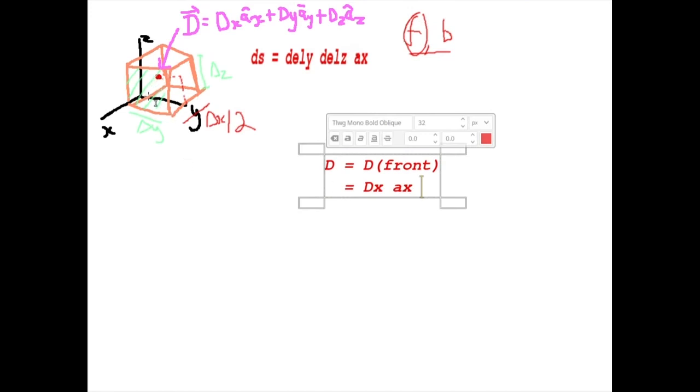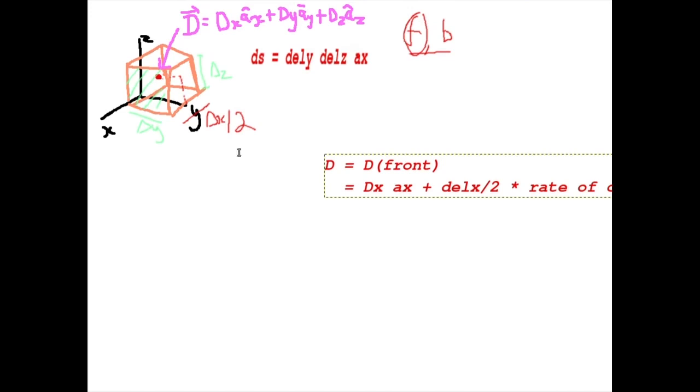Yes, my charge point is here, so the charge is available, but I am calculating the flux density, and the flux density is also changing with respect to the x-axis. The location is at the positive side, so I'll write it as delta x by 2 into the rate of change in x.